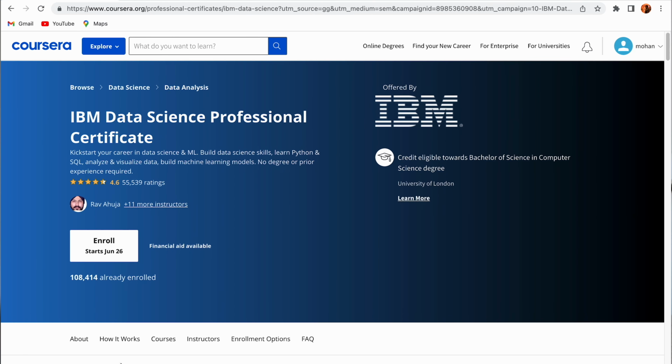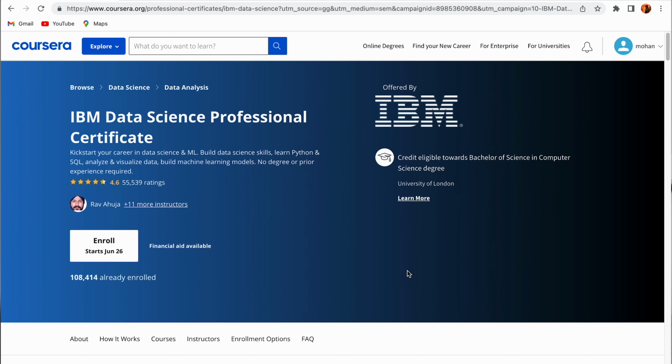And let's say if these two are not enough and you're still trying to build your foundational skills, your basics of data science, and let's say you want to get a bigger picture of what data science is and how it's applied in the industry, IBM has an awesome course on Coursera as well, which is a certificate.